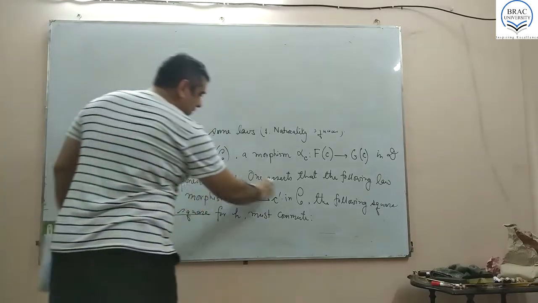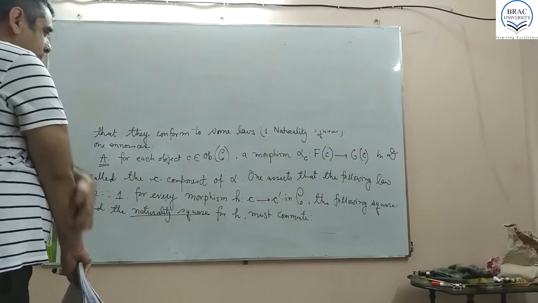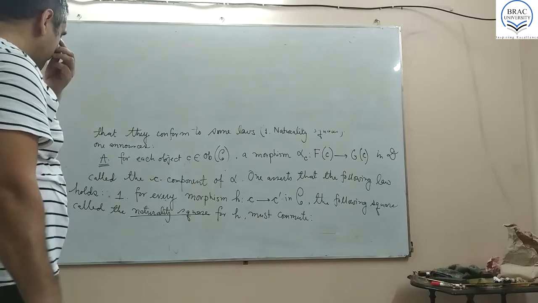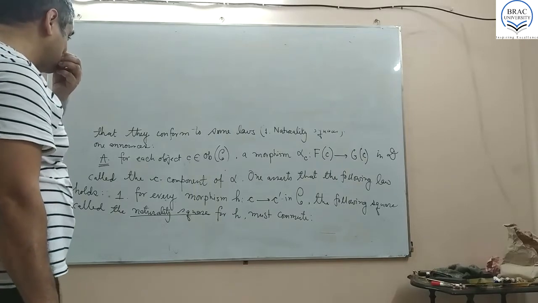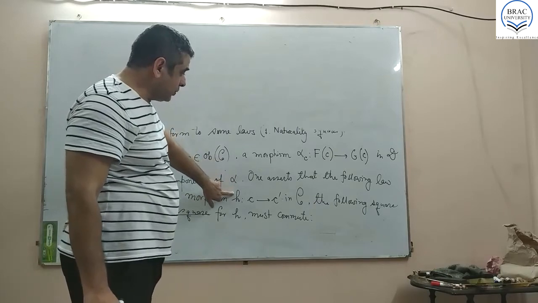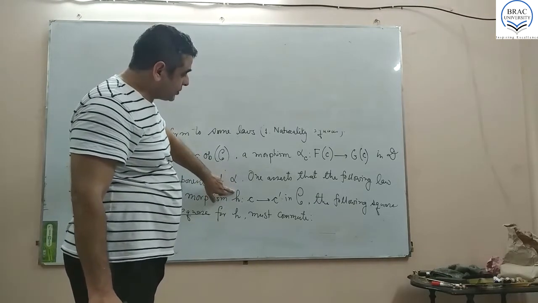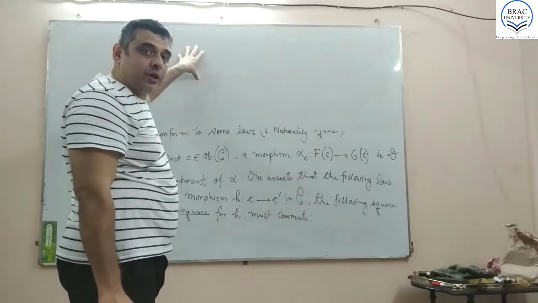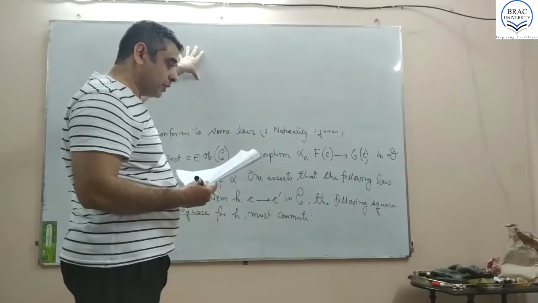So this was the initial map, the morphism H between these two objects, okay? Associated to each such morphism, you can find a square that I'm going to draw now.